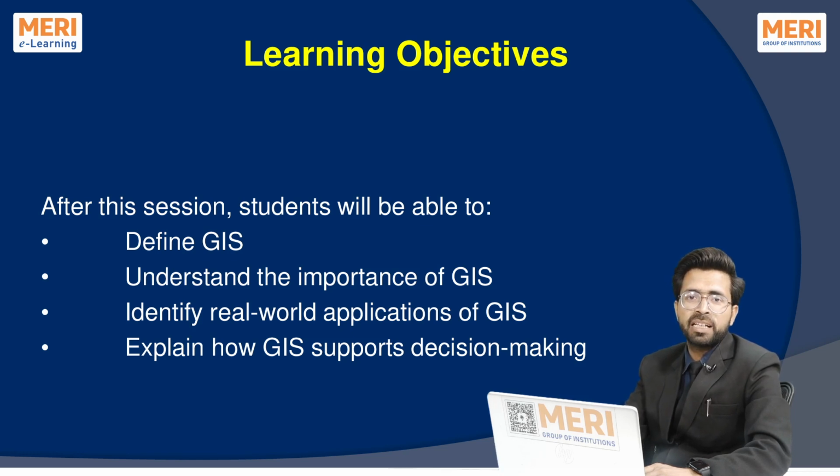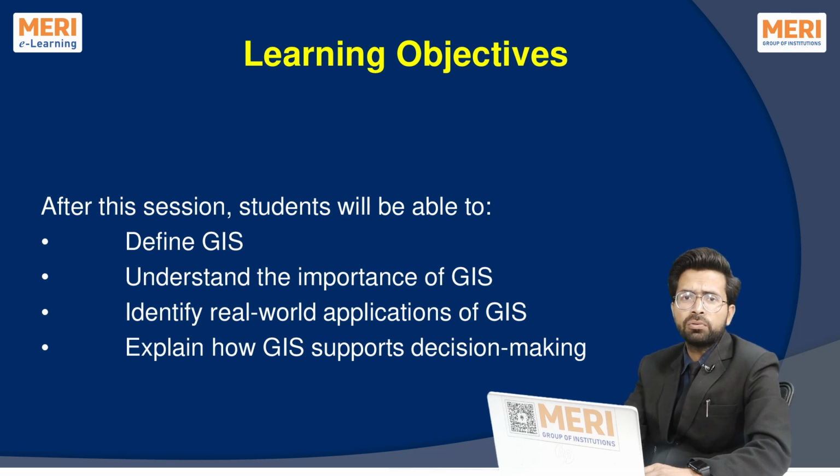The fourth objective is to understand how GIS supports decision making. Decision making improves when information is visualized geographically. Maps reveal patterns that tables of data cannot easily show. For example, mapping accident locations on a road network can quickly reveal high risk zones.